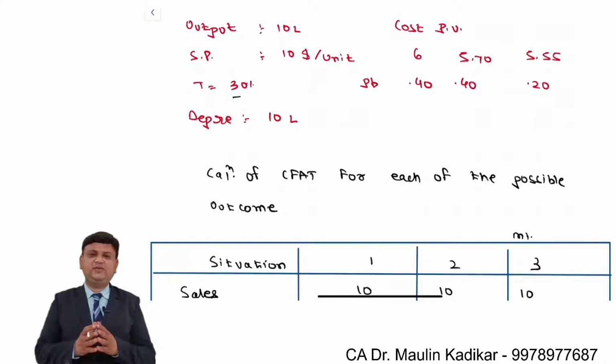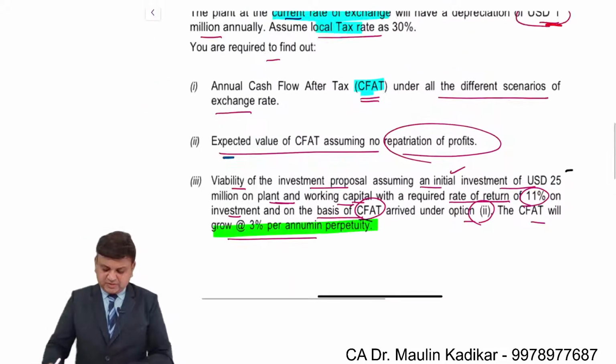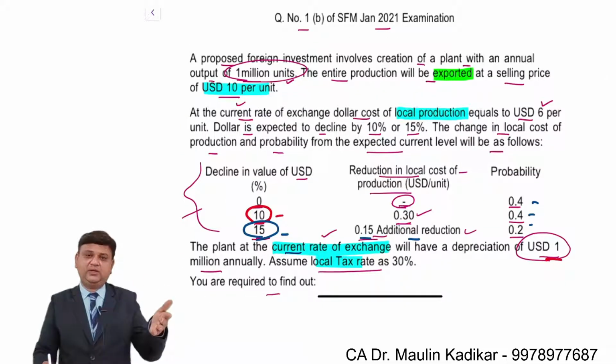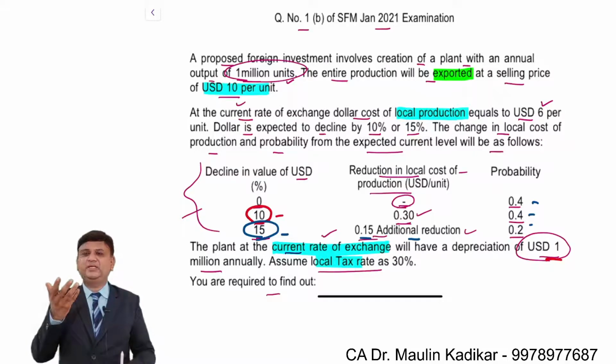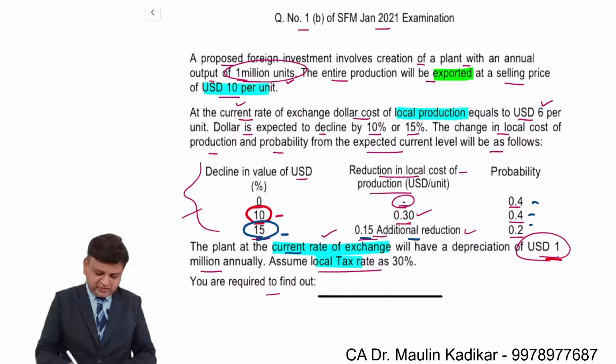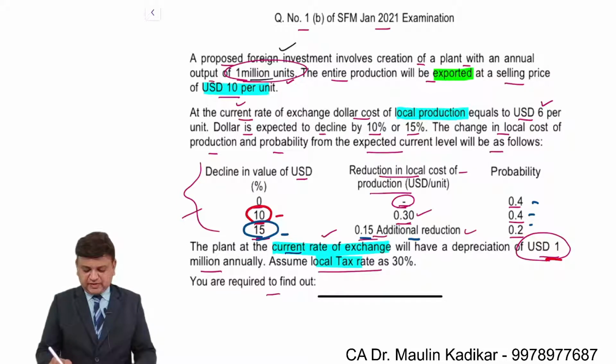So friends, this is a very good question in terms of the language of the question, because the question is providing the information like this: a proposed foreign investment. So which country your company is from is not provided. There is a foreign investment that involves creation of a plant with output of 1 million units. That's fine.